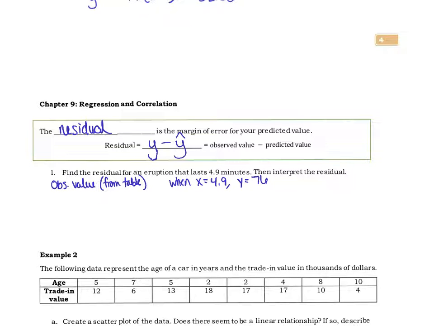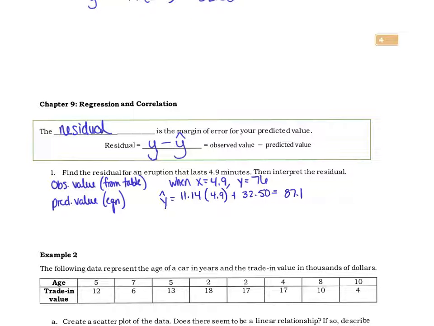So that's the observed, actual, what really happened. If we do our predicted value and use our equation for y hat, we would get y hat is 11.14 times those 4.9 minutes plus 32.5, which is 87.1 minutes.